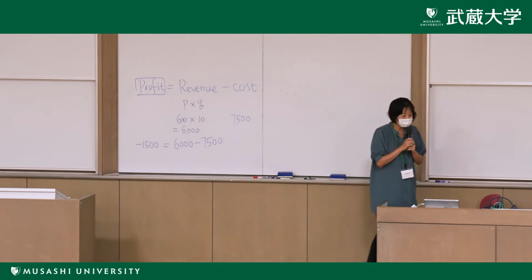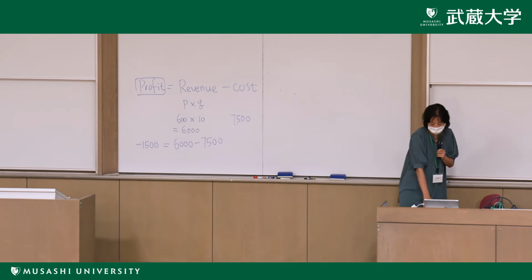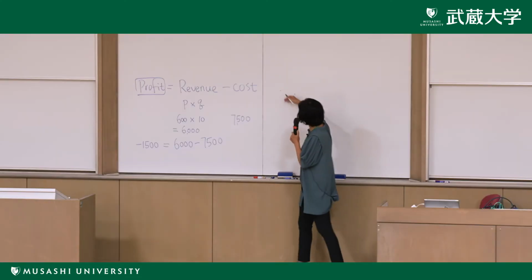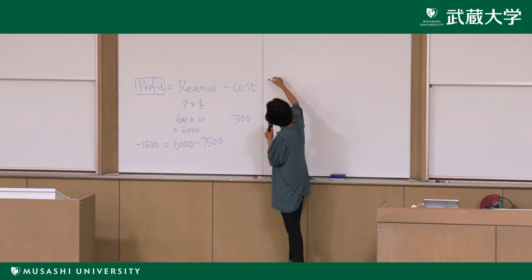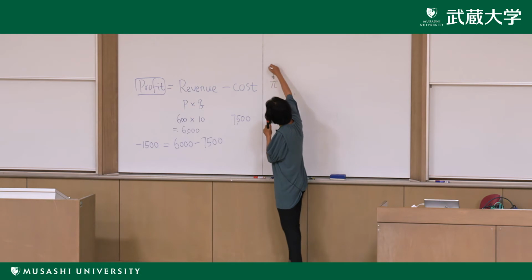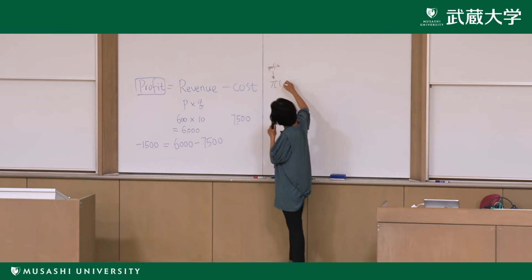So suppose we want to use these two functions to find the optimal level of production. What we are going to do is write out the profit function, for which we typically use pi for profit. Okay, so profit is a function of output.